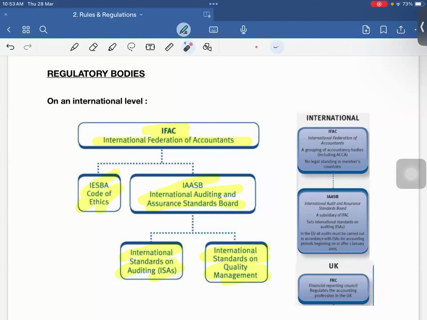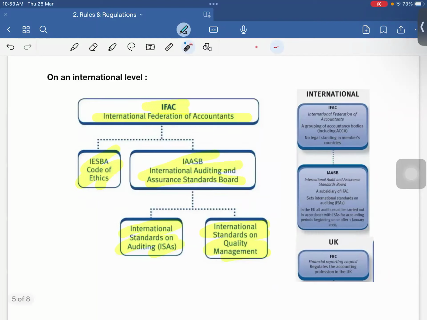Sorry, not this whole thing, the other one. This one. Clear? Carefully, we're going to go into it.